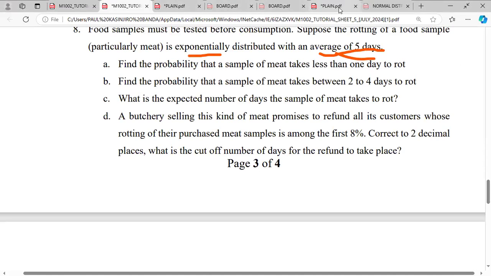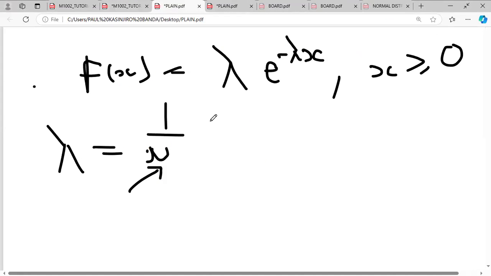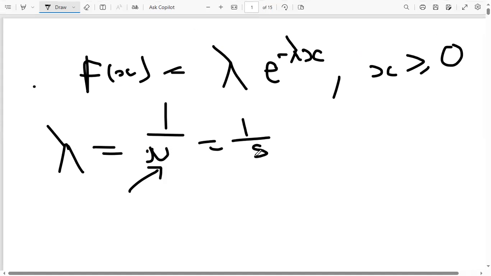So the parameter lambda is equal to 1 over 5, and you can divide this to just be 0.2. So we are going to be using it here and here. Okay, so let's answer the questions now.